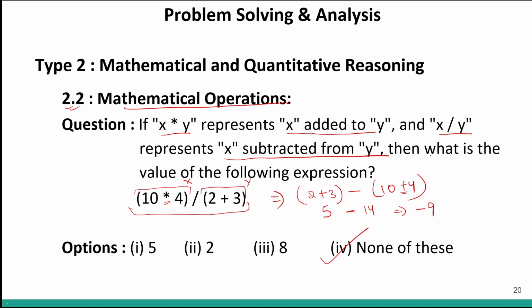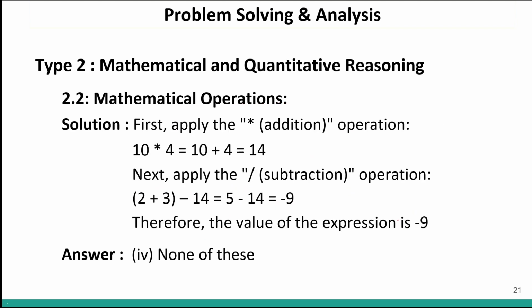Then it was given to us that x divided by y means x is subtracted from y. That means y minus x. So if I write y minus x, I will write 2 plus 3 minus 10 plus 4. Correct? So this will be 5, this will be 14, and the answer will be minus 9, which is none of these. Okay? So here is the solution.